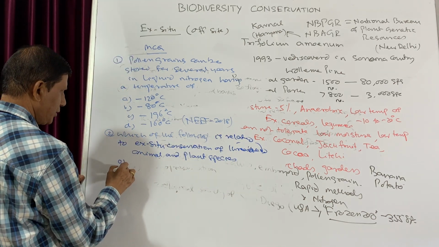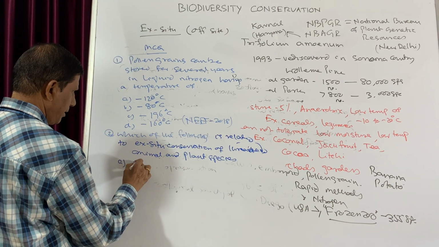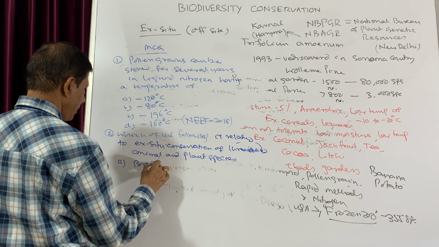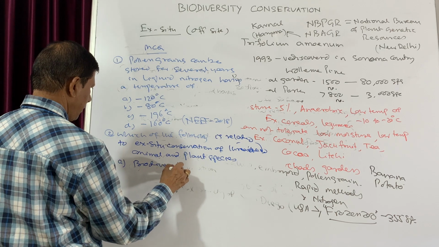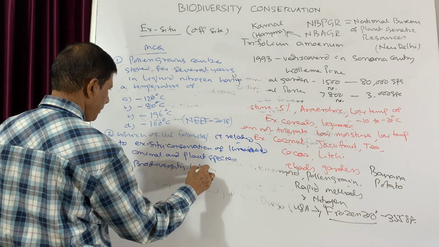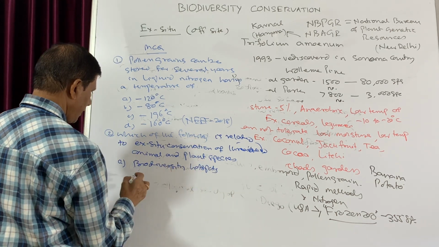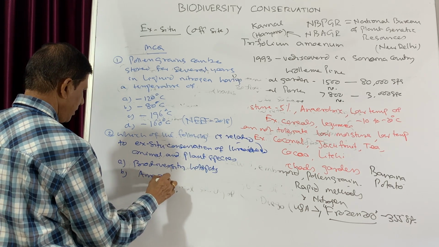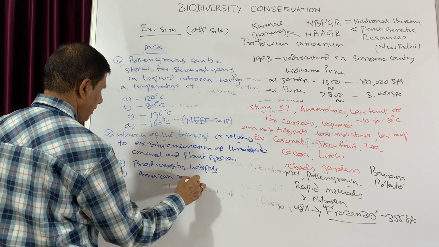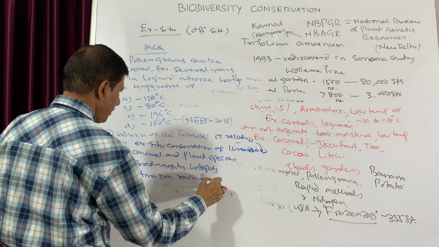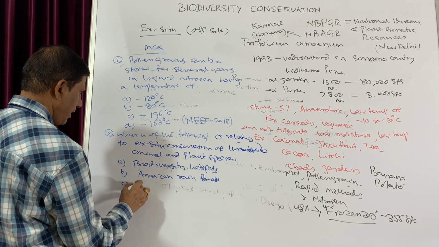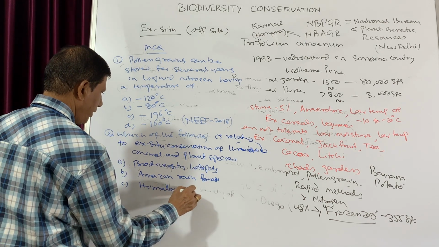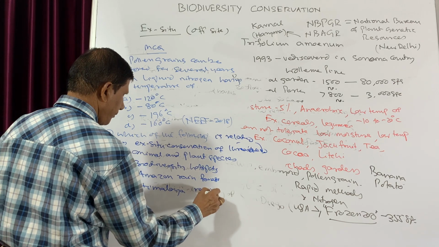The first choice is biodiversity hotspots. The second choice, Amazon rainforest. Third one, Himalaya region.